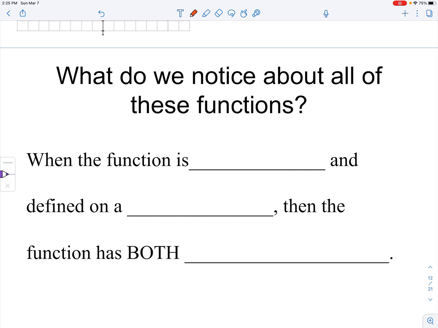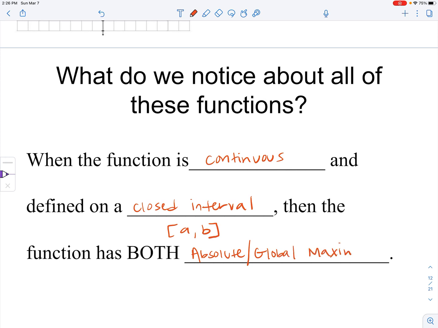So if you notice what was different between the domains and the graphs and whether there were extrema: when the function is continuous, okay, all of those functions were continuous, and when they're defined, continuous and defined on a closed interval from a to b, then the function has both an absolute maximum and an absolute minimum.